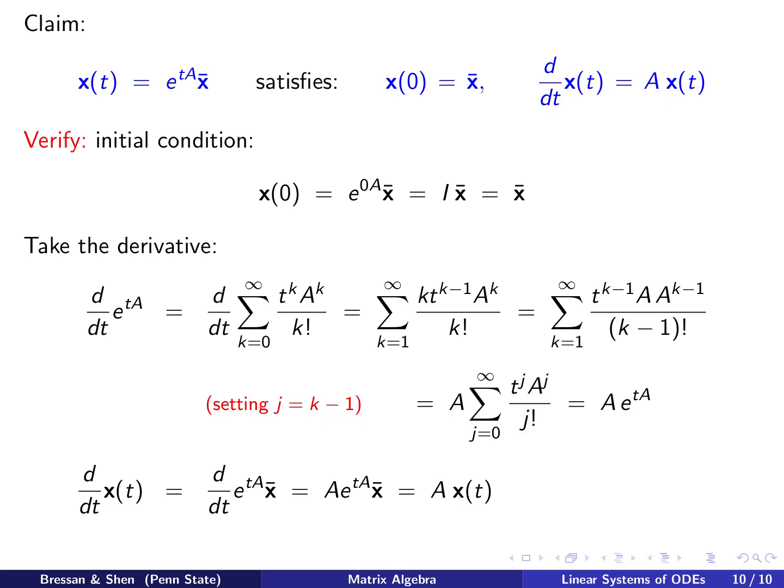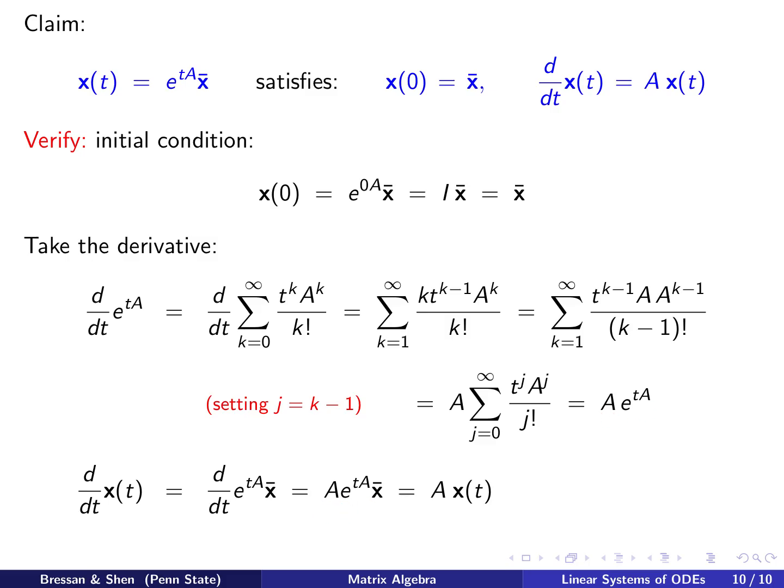Okay, so we can use this, put it back into the differential equation, and we have that the derivative of x of t, if x of t is this e to the tA times x bar, so we'll be differentiating that. And then x bar is just a constant, so I keep it, and then d/dt of e to the tA is what we just did, so I copy it down.